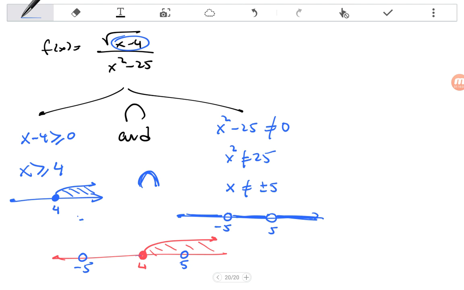So what will be the domain of this function? It will be the interval from 4 to infinity, but excluding 5. I don't say excluding negative 5 and 5, no, just exclude 5, because 5 is the only number in consideration in this case.